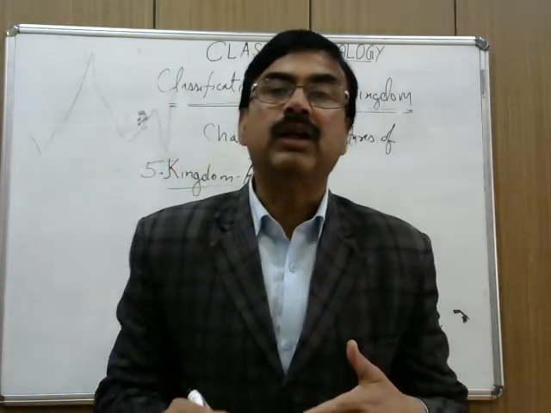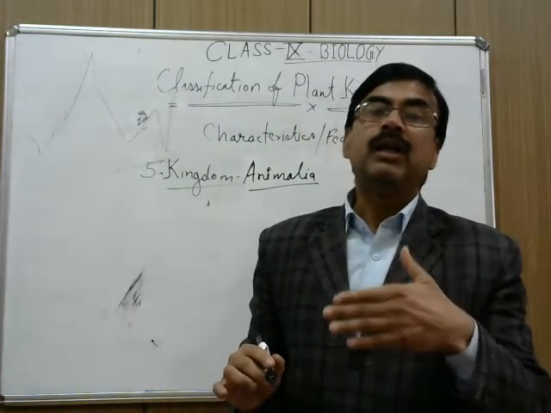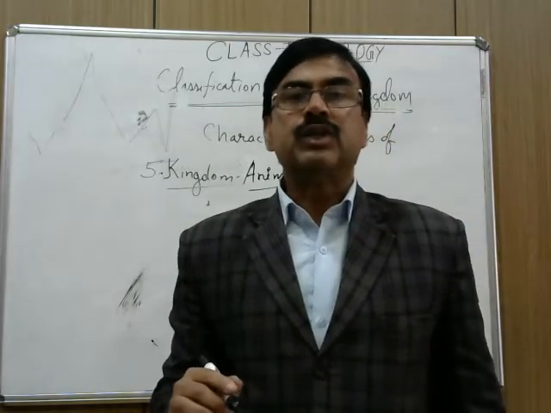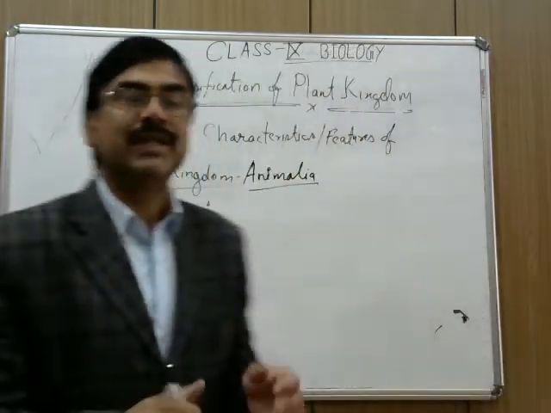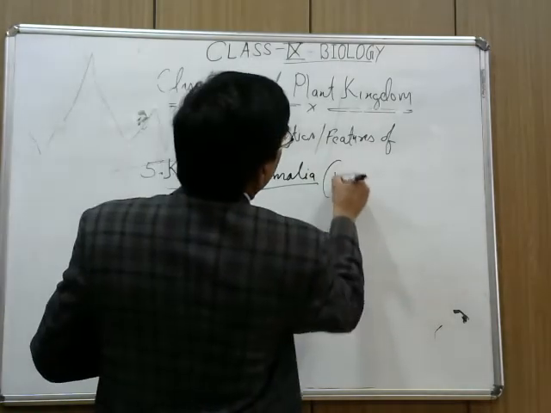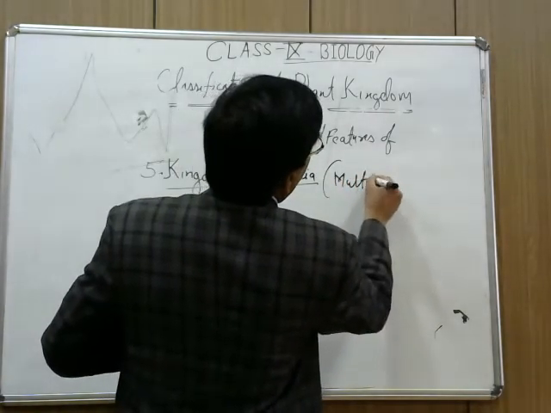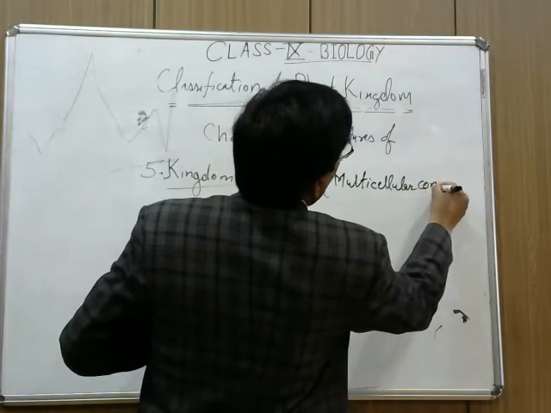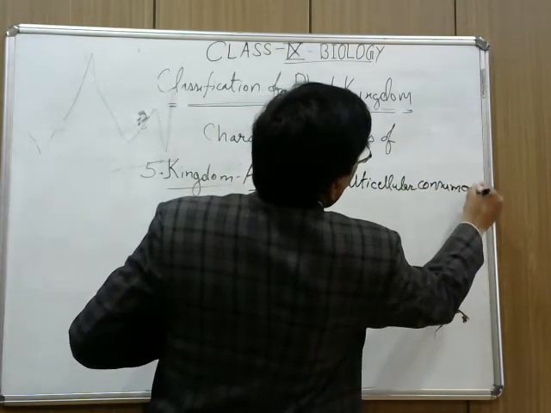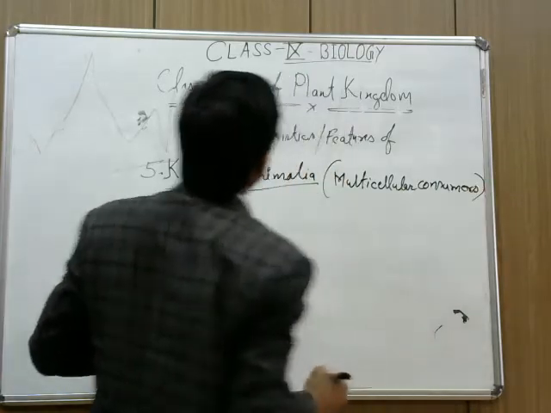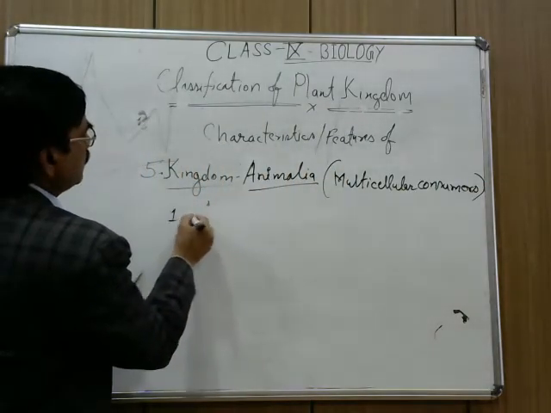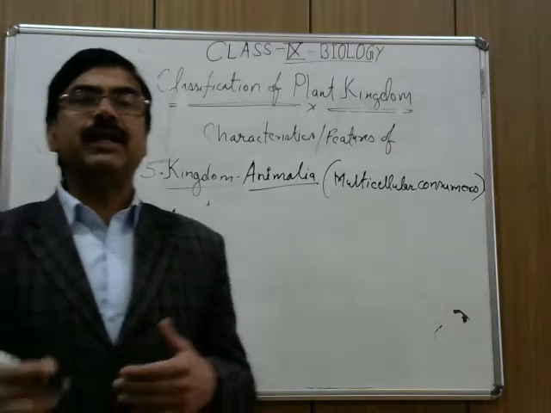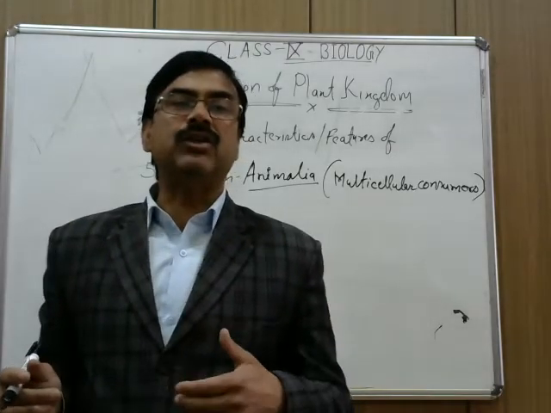They are called heterotrophs, multicellular consumers. They can consume. So you write multicellular consumers.